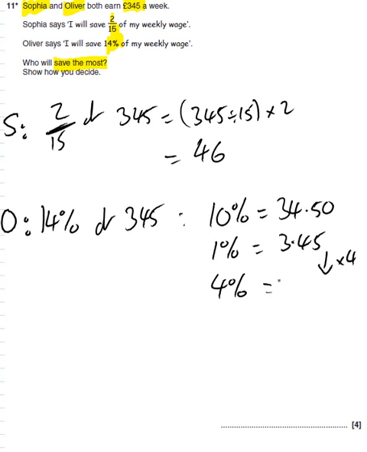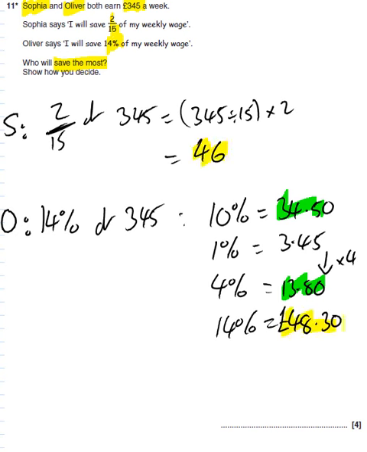So £3.45 times by 4 is £13.80. And then the two bits are highlighted in green. If I add them two together, 14% then is £48.30.